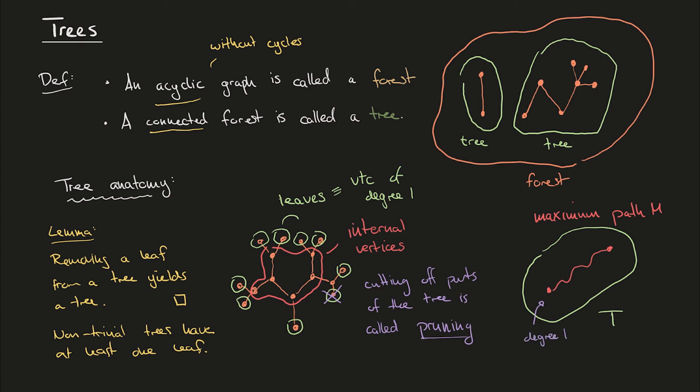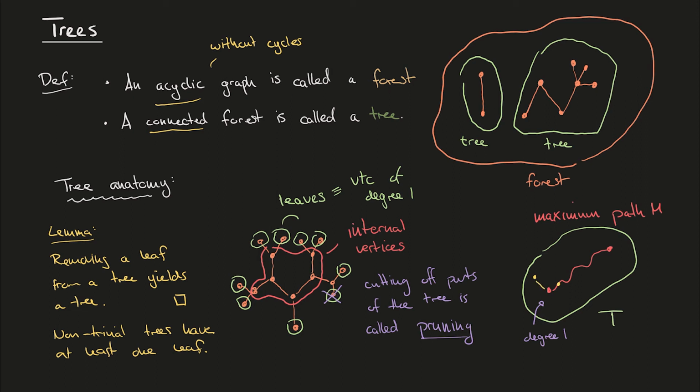Why should this be the case? Well, suppose, for the sake of contradiction, that this vertex has degree strictly greater than 1. This means that aside from the neighbor that is directly next to it on the path, it has at least one additional neighbor.